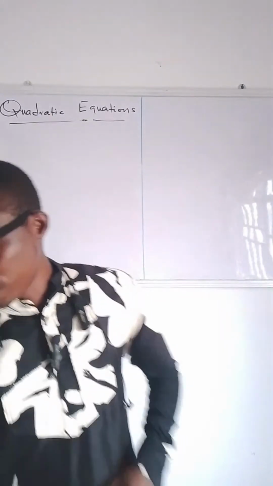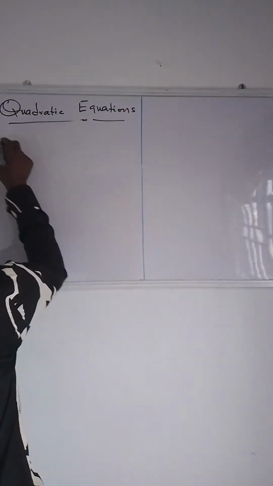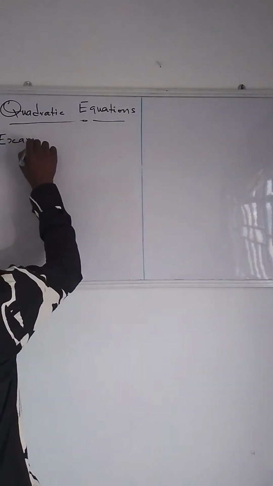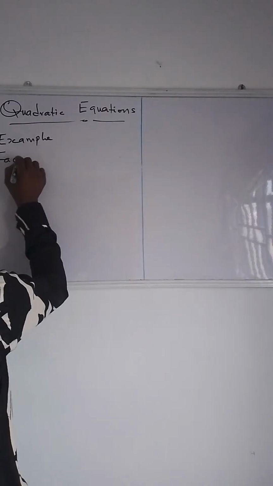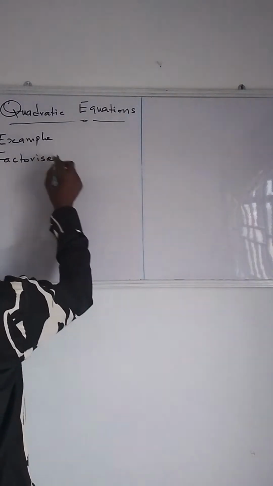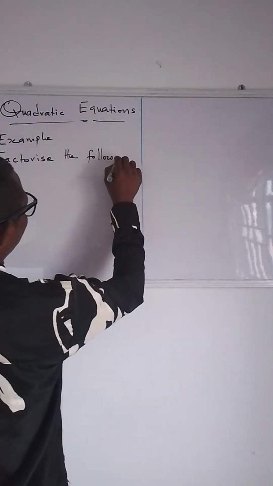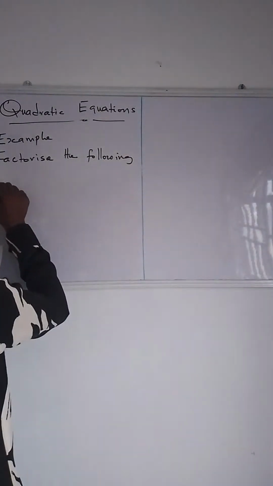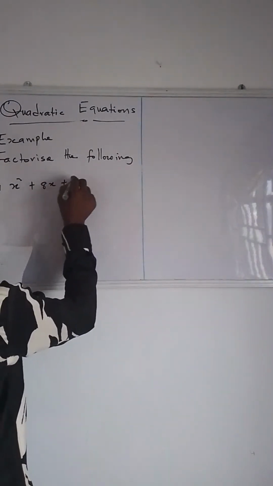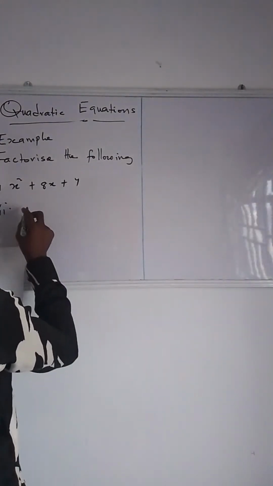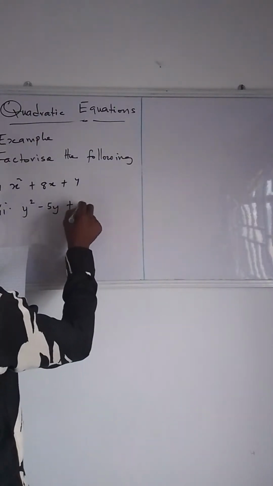So now let us look at some examples here. Example 1. Factorize the following: 1. x squared plus 8x plus 7, and 2. y squared minus 5y plus 6.